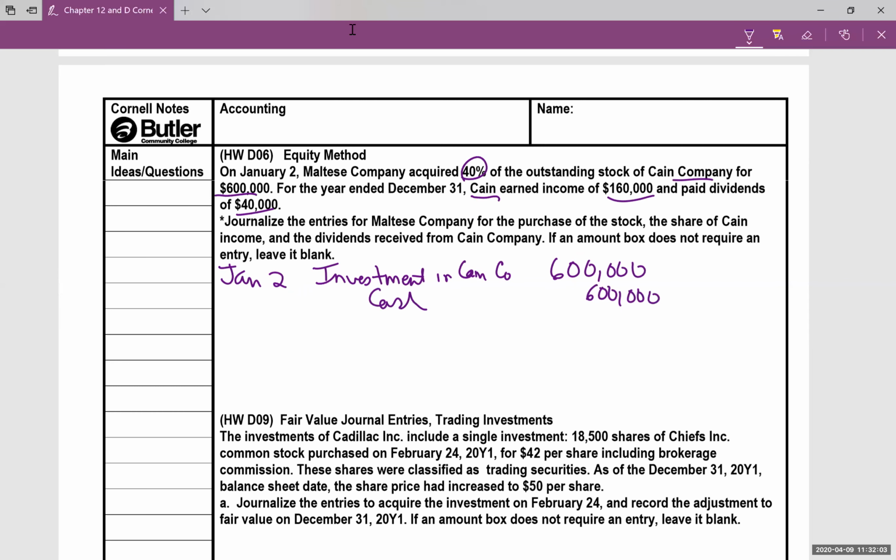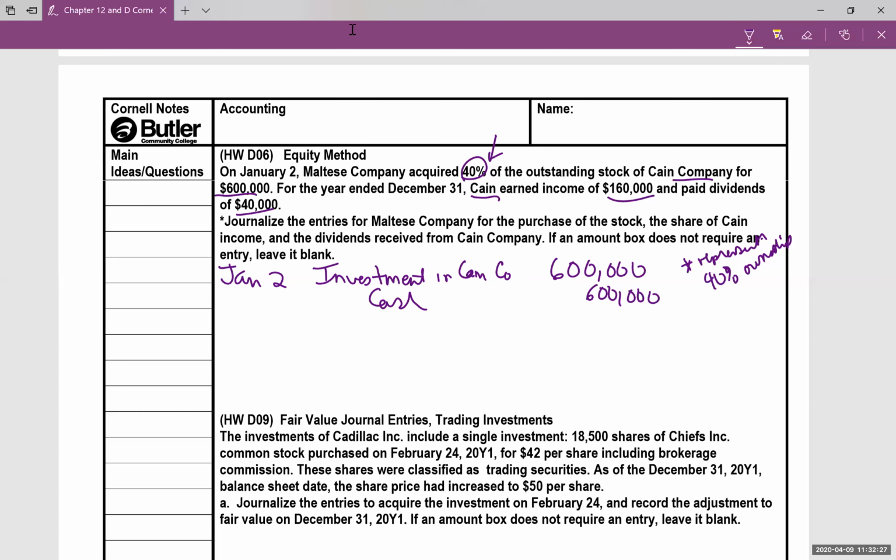Now, remember this 600,000, it represents 40% ownership, of the entire stock.